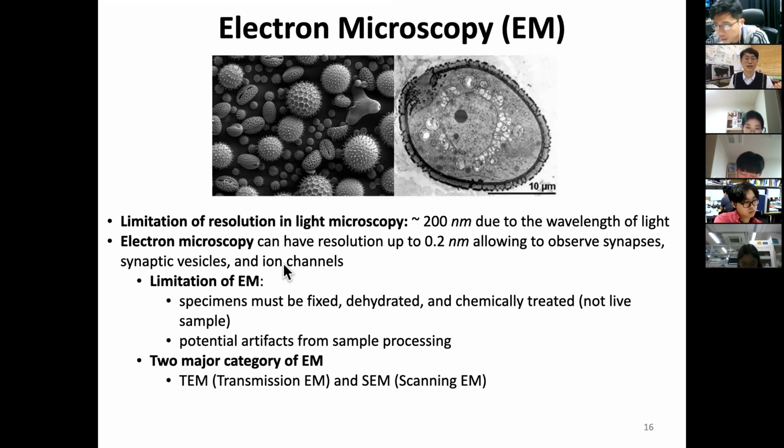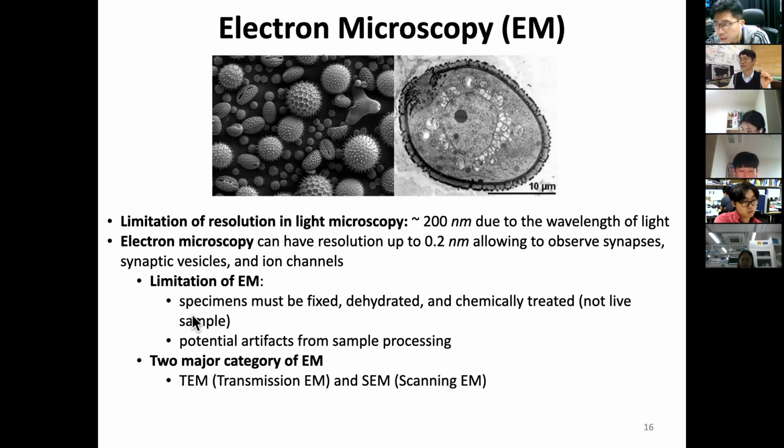But you have to pay a cost. Nothing's for free. To make this possible, you have to kill the sample. You can't use a live sample, all right? So the specimen must be fixed, dehydrated, and chemically treated, okay? The sample looks like black stuff because of the osmium, a toxic chemical used to prepare samples for the electron microscope.